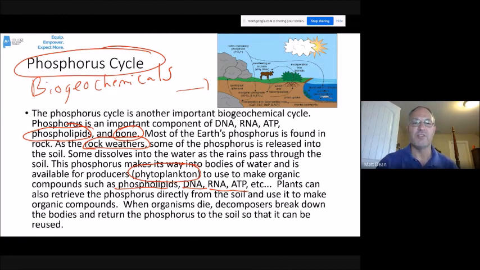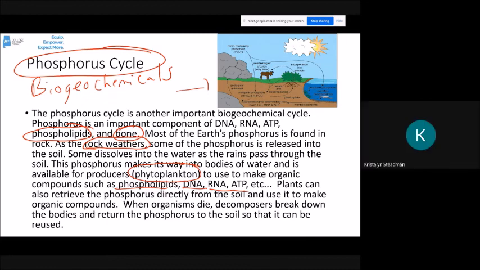That puts some phosphorus either in the soil where plants can get to it or in the water where algae can get to it. And then once the plants or algae get it, they use the phosphorus to make things like phospholipids, DNA, RNA, ATP. And then we as animals get our phosphorus from either eating plants that got it that way or from eating animals that ate plants that got it that way. Does that make sense? Okay, thank you.